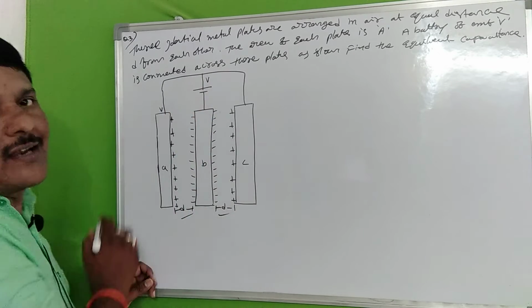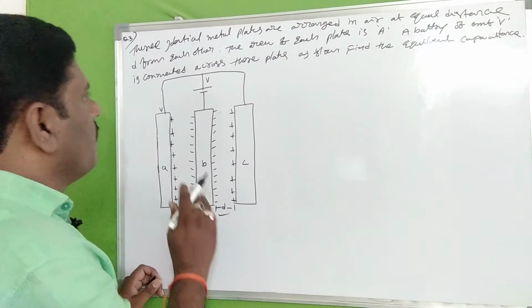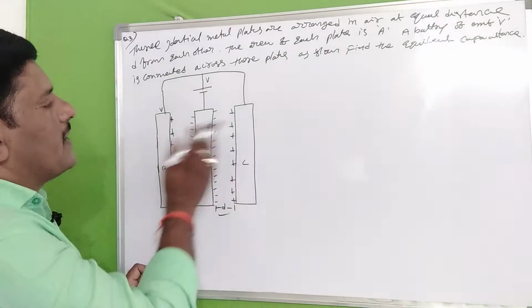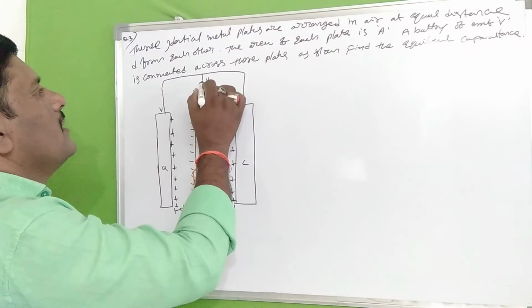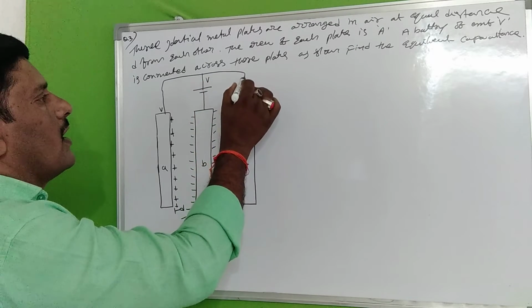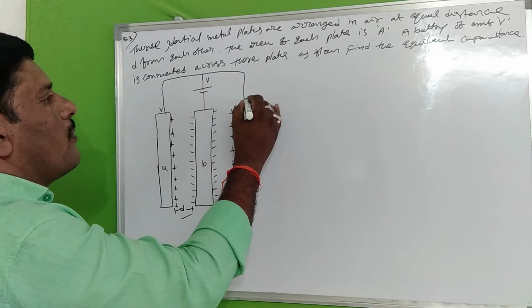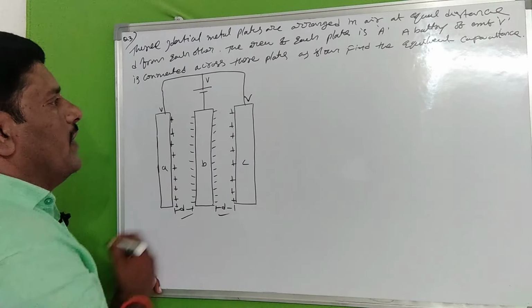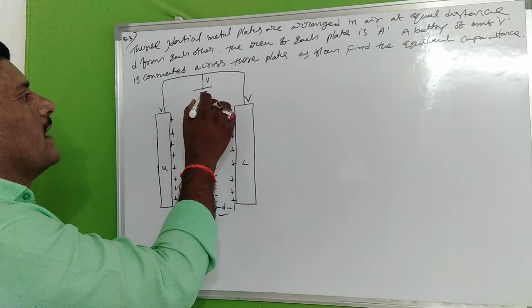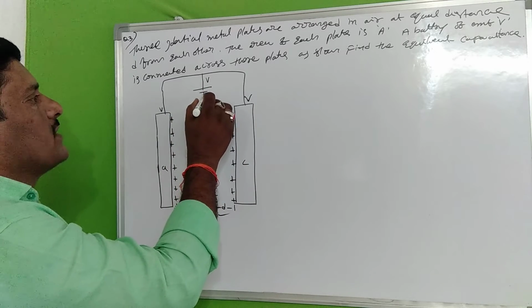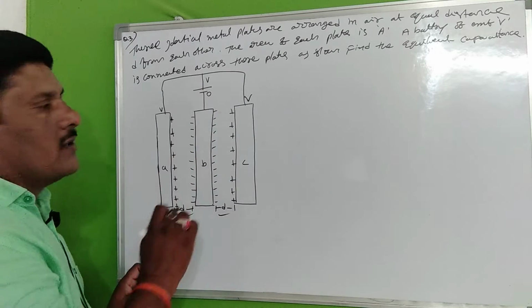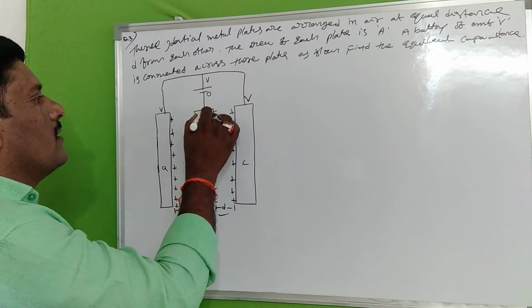Because there are no electrical elements. Now we move towards the plate C. Here also there are no electrical elements, so the potential is also V. But on the negative terminal side, the potential is taken as 0. So here B is also 0.